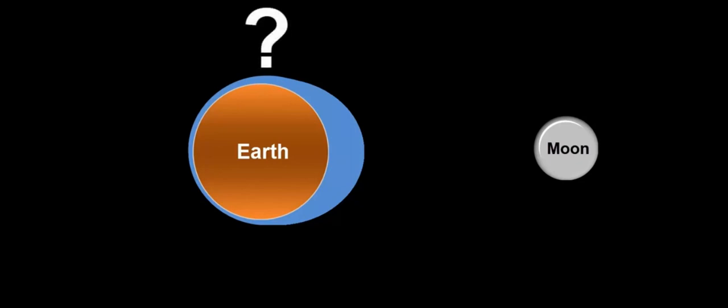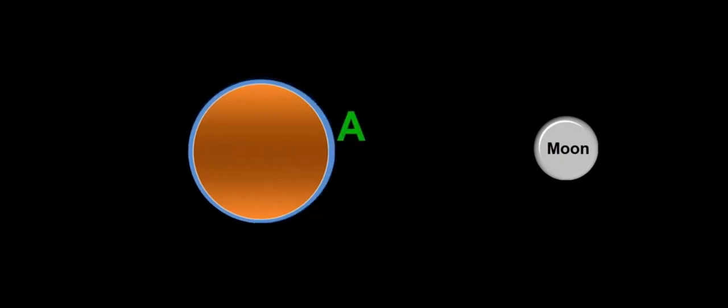How come? This is because the strength of gravity is greater when objects are closer. We'll call the location of the ocean on the near side of the Moon, point A, at the centre of the Earth, point B, and at the far side ocean, point C.